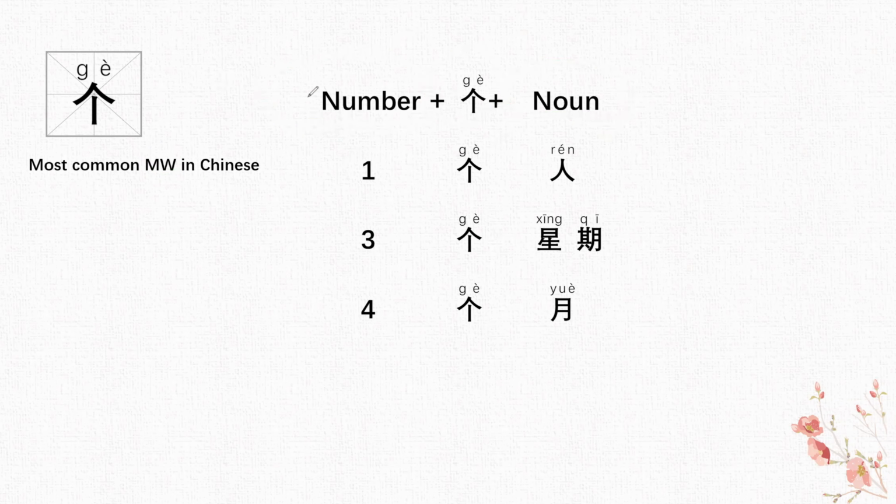Either you say 1 个 coffee, or you just say coffee, that's it, okay? However, if you use a number, 个 is necessary to be here. If you use 个, you definitely have to have a number. So either those 3 parts, number, 个, noun, come out together, or you only use noun, okay?